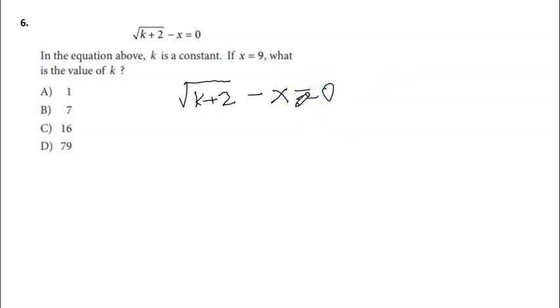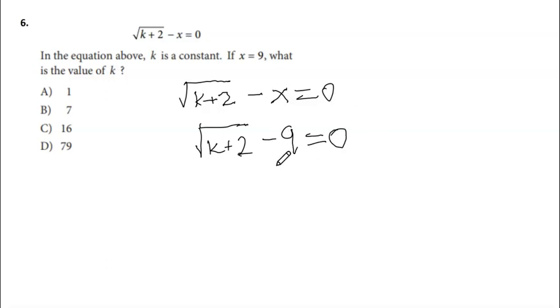We've been given the value of x, so we just substitute and see what happens. So square root of k plus 2 minus 9 equals 0. From here, we bring this 9 to the right-hand side.